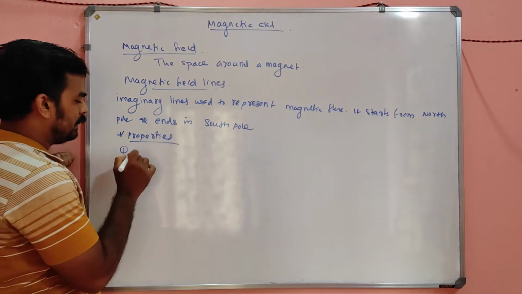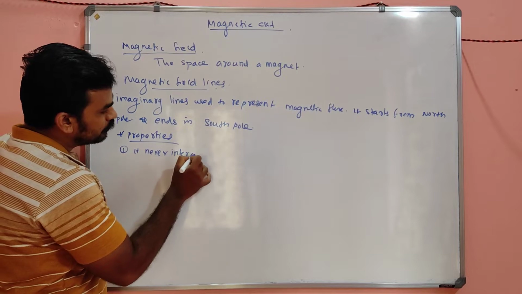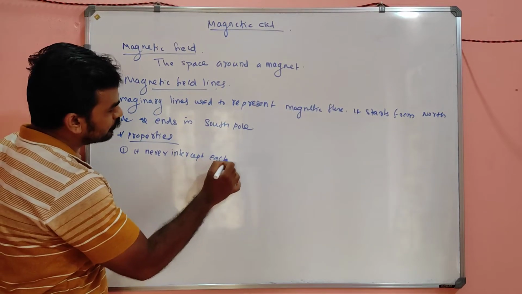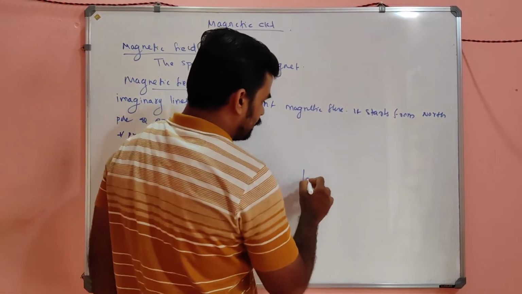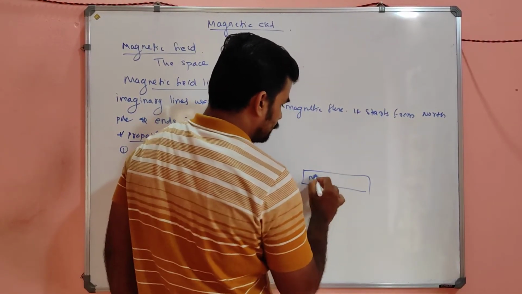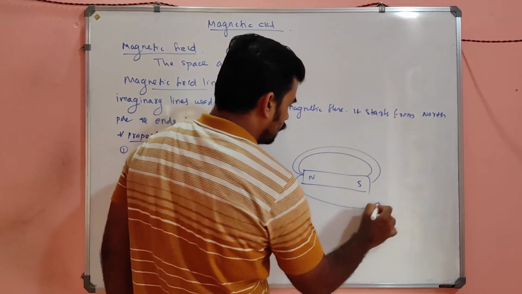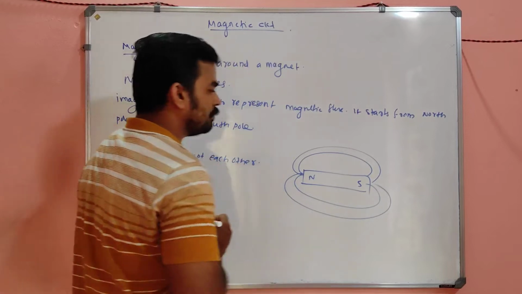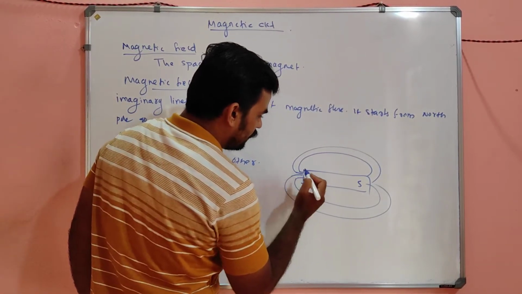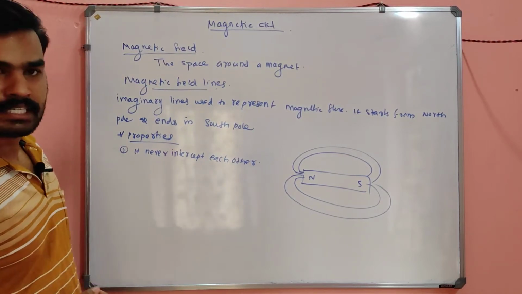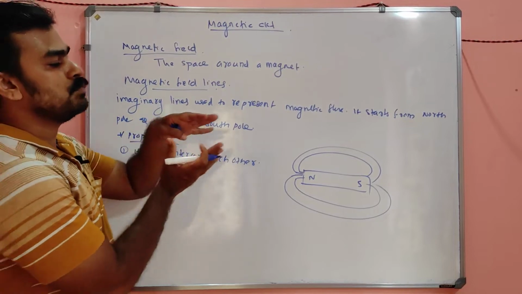First one: they never intersect each other. Suppose this is the magnet, this is north and this is south, and this is the magnetic field. The lines never intersect each other. They always move in parallel.